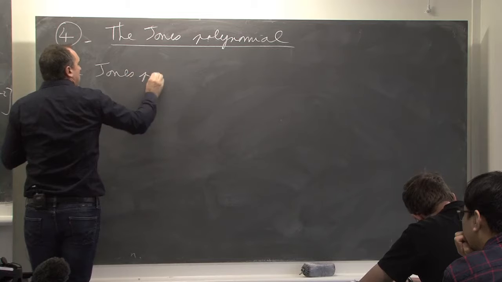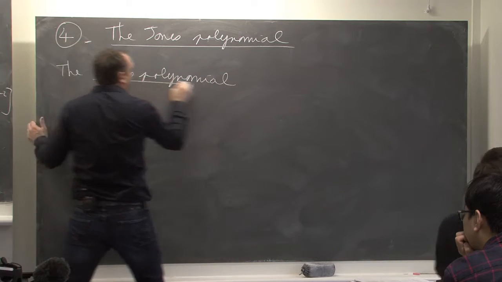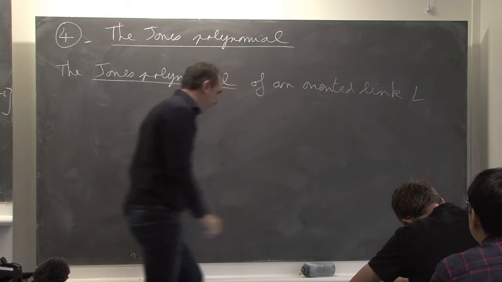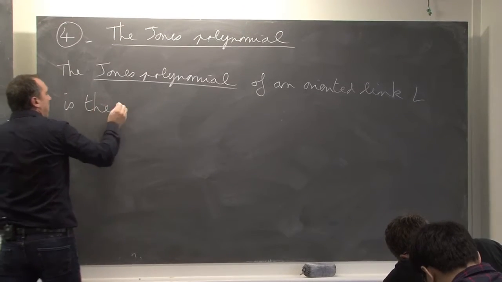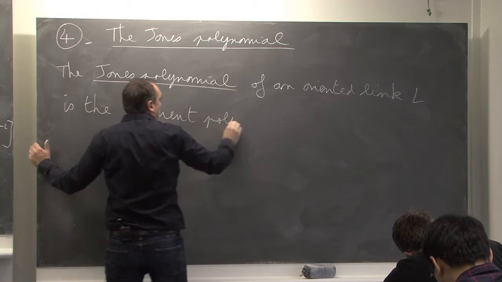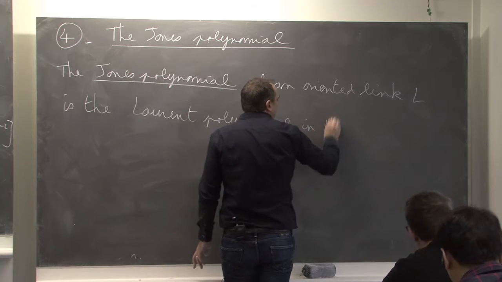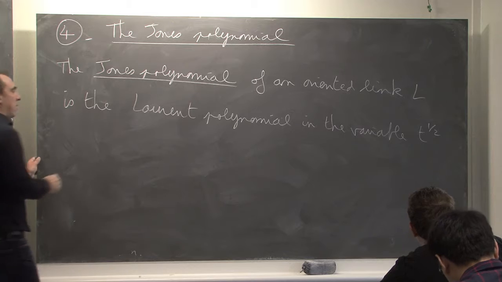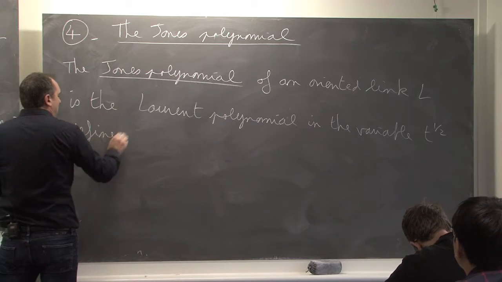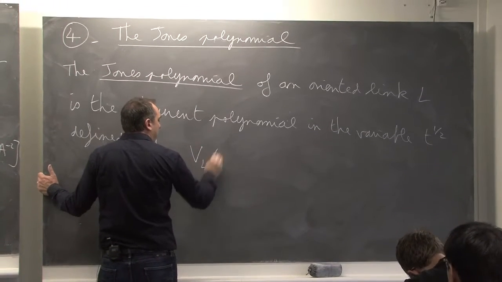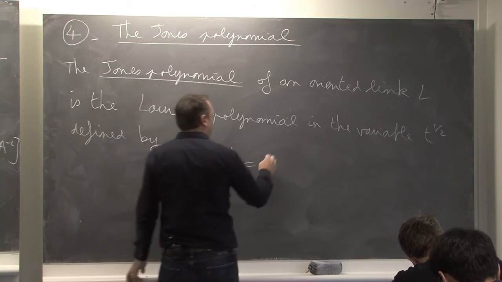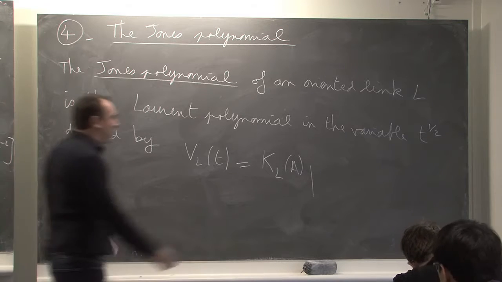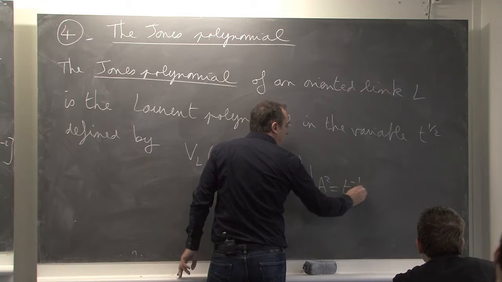So the Jones polynomial of an oriented link L is the Laurent polynomial in the variable T to the 1 half defined by V of T is just the Kauffman polynomial of L. So this is a Laurent polynomial in A square, but here A square is T minus 1.